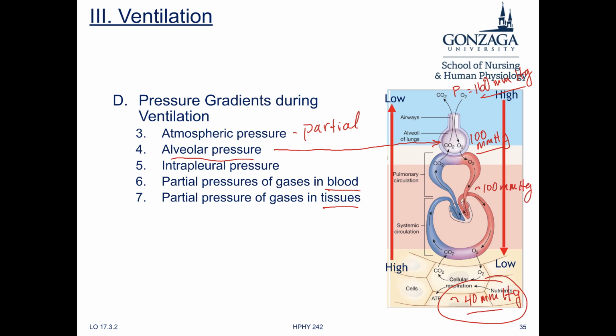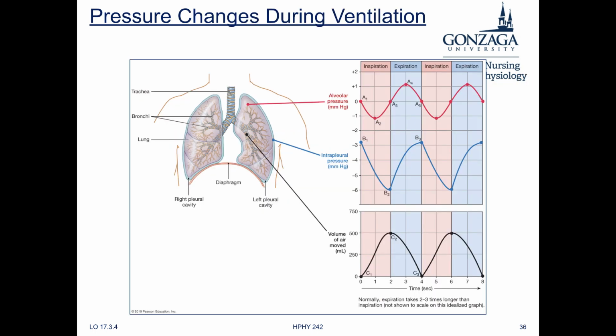We won't go over the numbers for CO2 right now, but you can imagine that even though the numbers would not be the same, the gradient is opposite. The cells are constantly producing CO2, so it's a high concentration here, low CO2 concentration in the atmosphere, so CO2 is going to move out in this direction.